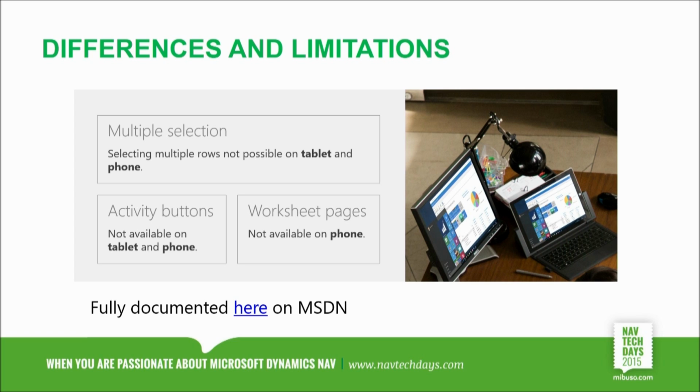So we have limitations, we know that. You can work around this. You can play with it. And it's not like you're alone out there. We are here, and all these limitations are fully documented on our MSDN site. So go there, check them, develop your solutions and let us know.